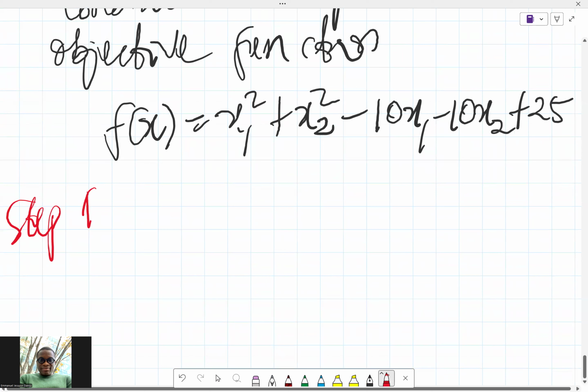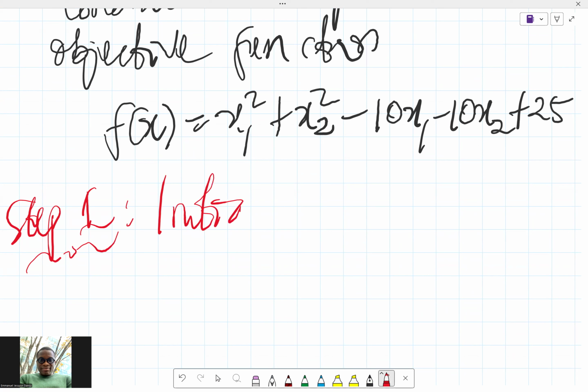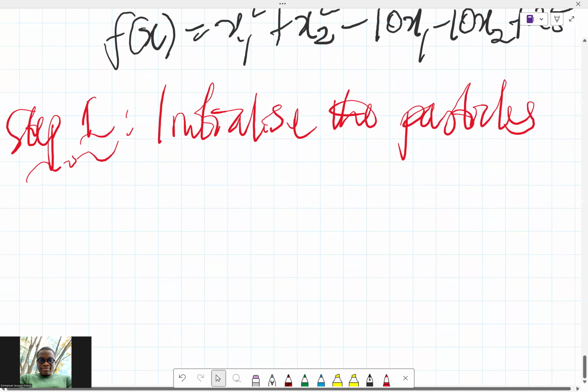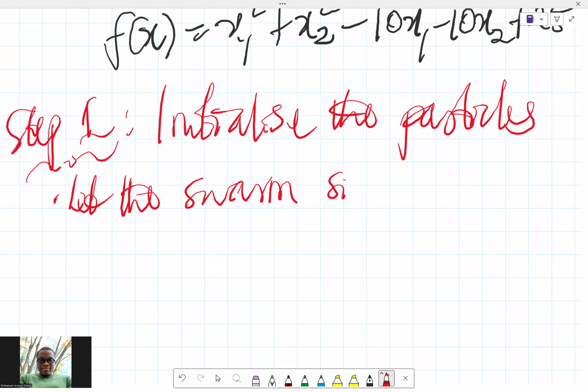For step 1, we initialize the particles. Let the swarm size be 10 particles, say 10 possible solutions. That's what we are saying in short.